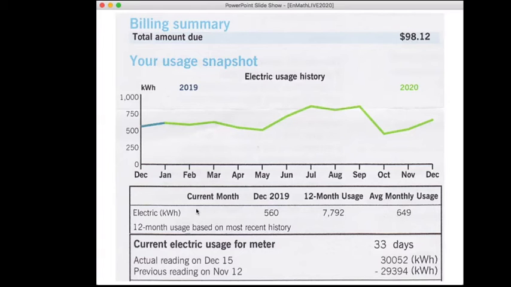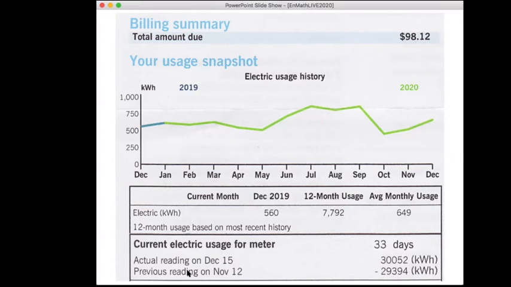Now, if you notice here, I have no number underneath current month. That's because I blocked it out. That's one of the things I'm asking you to calculate. How many kilowatt hours did Mr. Gropp and his family use last month? To solve that, the number of days is not important. That's going to flex whenever they came out to check my meter.